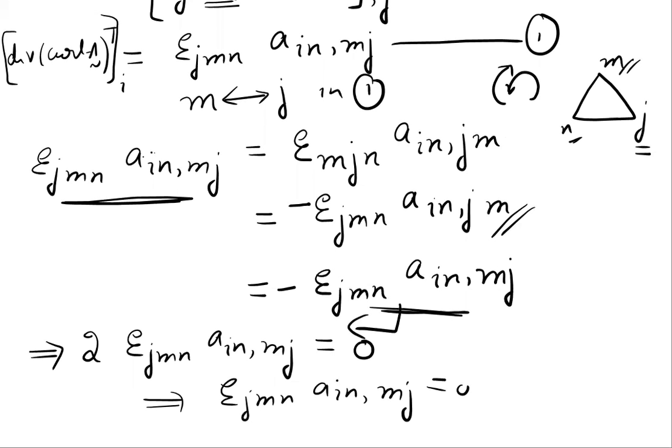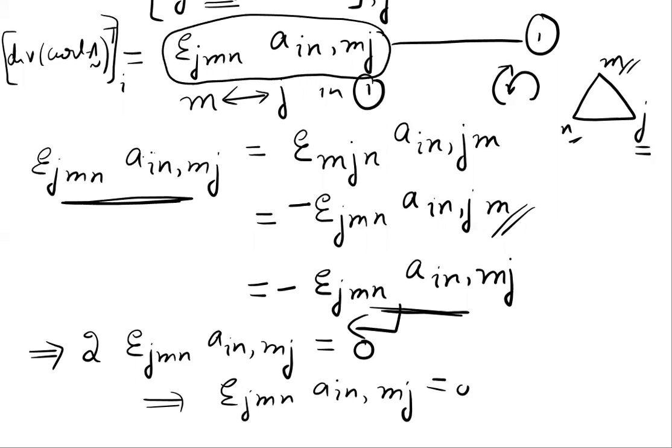So what is equation 1 telling me? Equation 1 is epsilon jmn a in comma mj is equal to the i component of divergence curl A transpose.